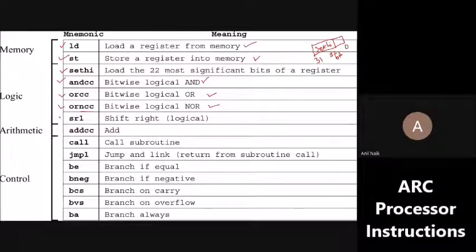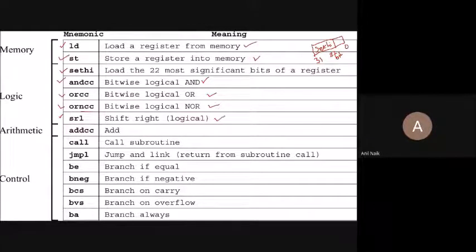Then SRL, shift right; ADDCC; CALL, call subroutine; JMPL, jump and link, return from the subroutine call; BE, branch if equal.